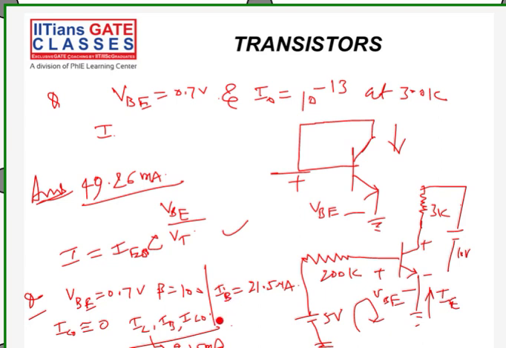This is IB, and IC is 2.15. So IE value is minus IB plus IC. From this I can get the answer. Okay, so this is done. I think all values you can do in this format.